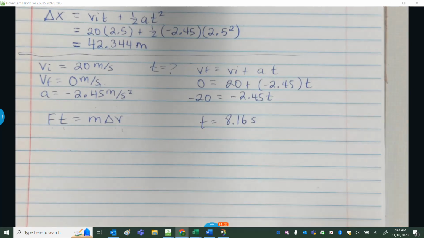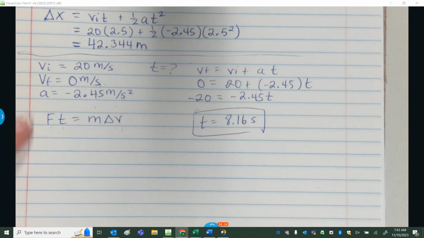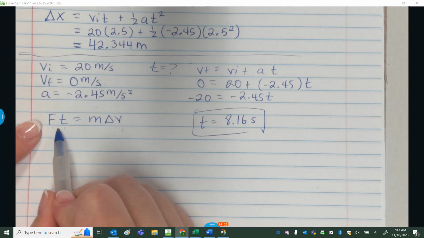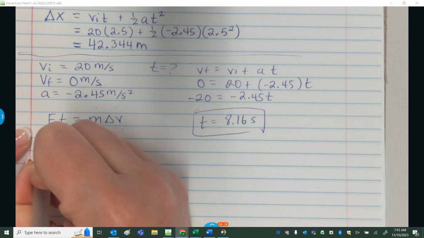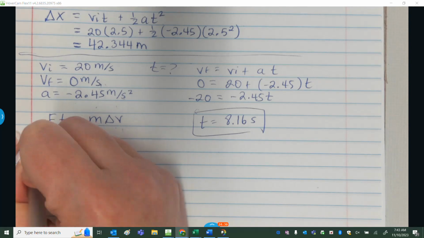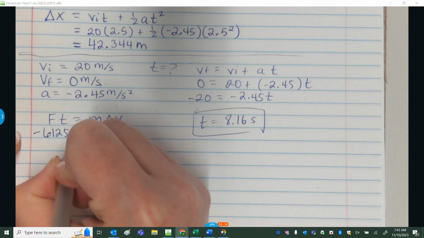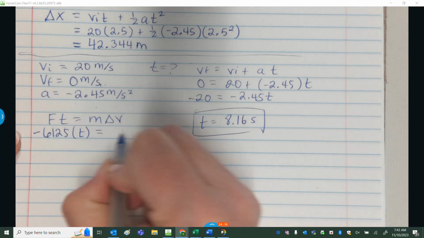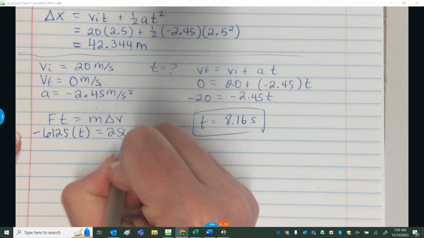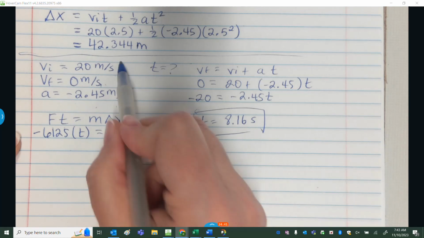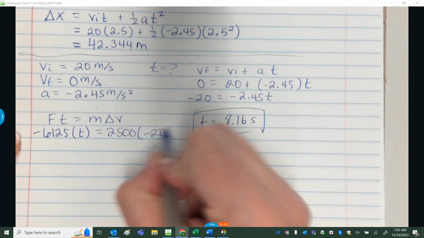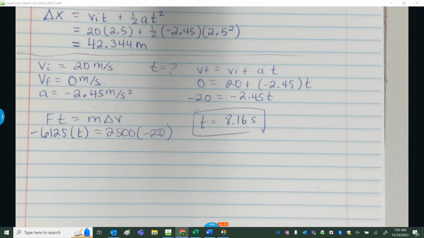Okay, so again, that's kinematics, but we already have the force as well. So if we wanted to do it this way, we found our net force from our brakes earlier to be negative 6125 times T equals, the mass was 2500 times delta V here is negative 20. And you could do it that way. It should give us the same answer.